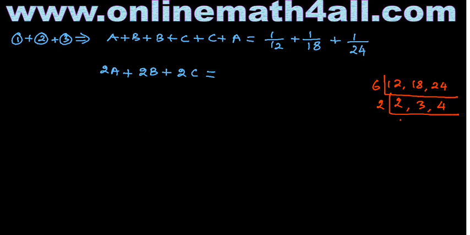When I divide 2 by 2, 1. 3 can't be divided by 2, so I take 3 as it is, and when we divide 4 by 2 we'll get 2. So LCM is equal to, we just have to multiply all these values: 6 times 2 times 1 times 3 times 2 is equal to 6 times 2 is 12, 12 times 3 is 36, 36 times 2 is 72.